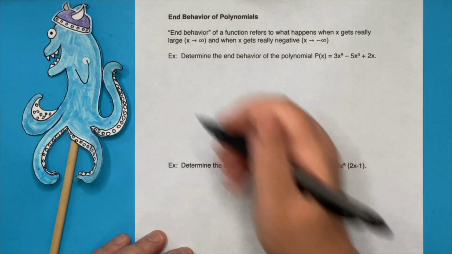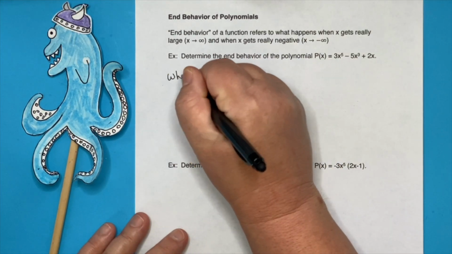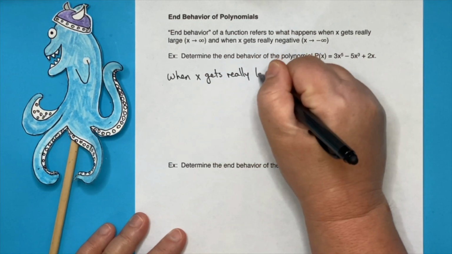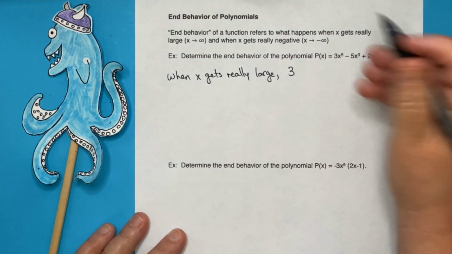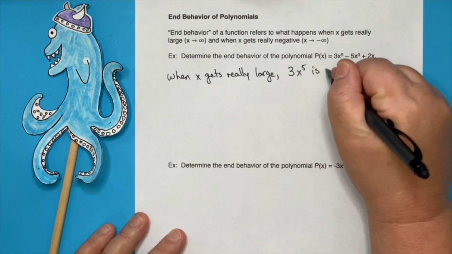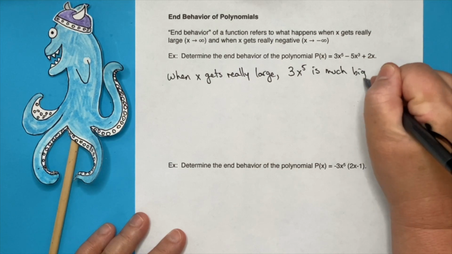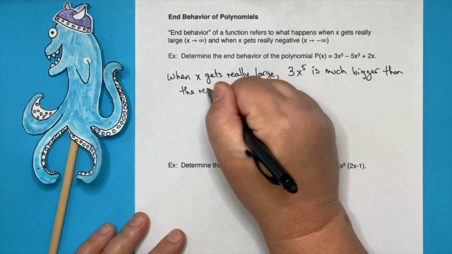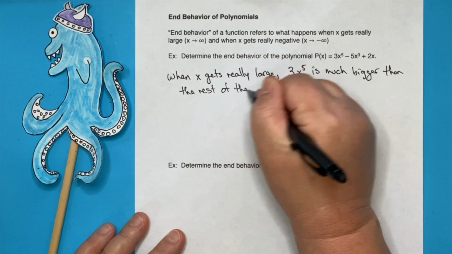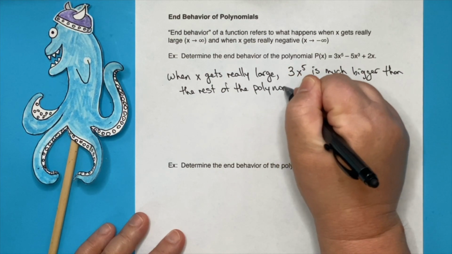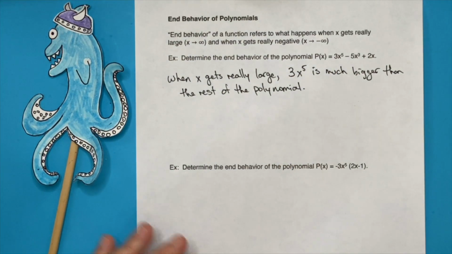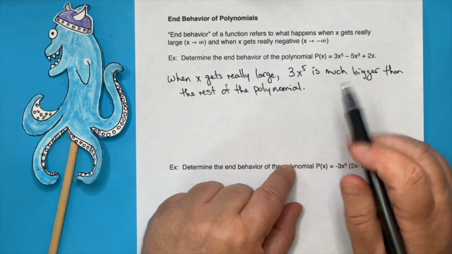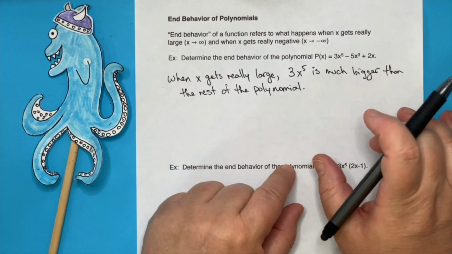And again, when x gets really, really large, three x to the fifth is much bigger than the rest of the polynomial. What do I mean by that? Well, if you imagine x is 10, 10 to the fifth is a 1 with 5 zeros, right?